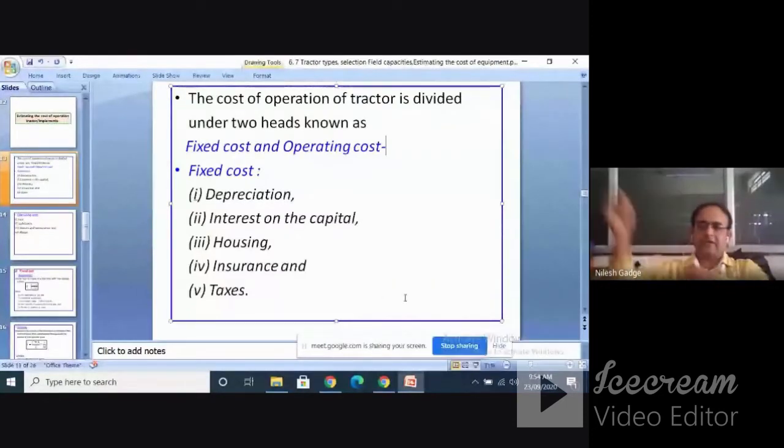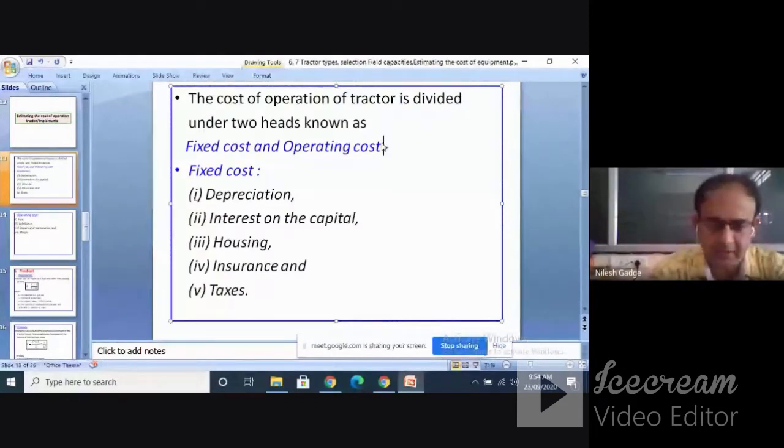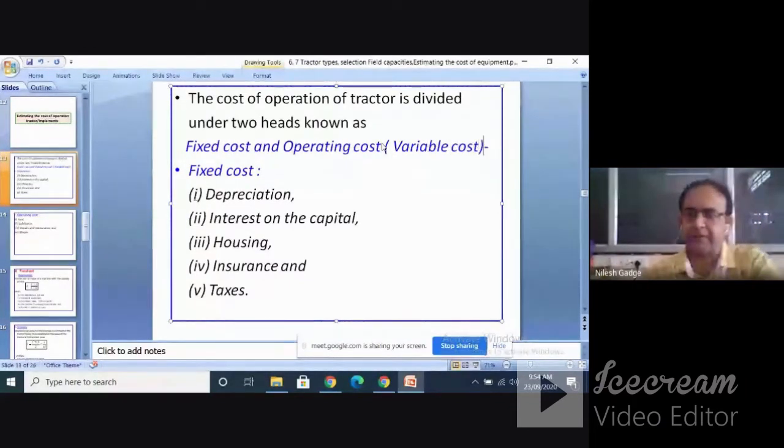The cost of operation of the tractor is divided into two heads known as fixed cost and the operating cost. Operating cost is also known as variable cost. In fixed cost, there is depreciation, interest on the capital, housing, insurance, and taxes.